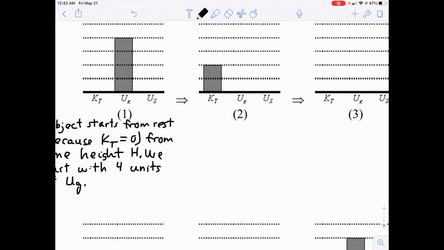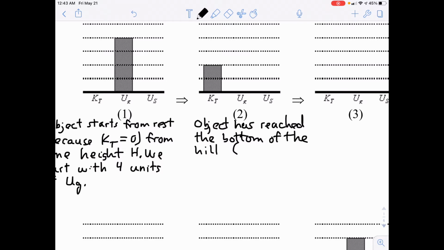Let's just use that as an example. That'd probably be an easy example. Object has reached the bottom of the hill, as we can see gravitational potential energy equals 0.